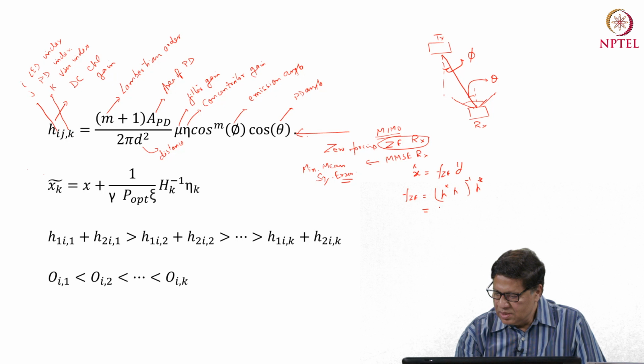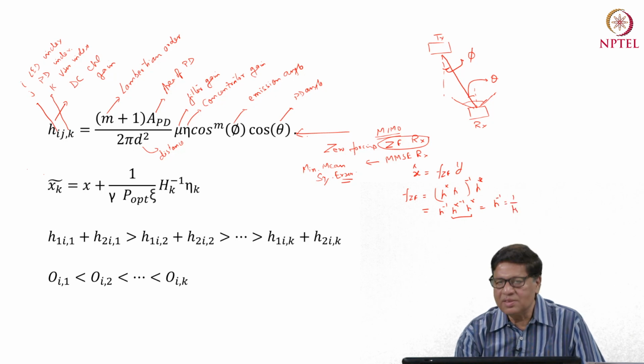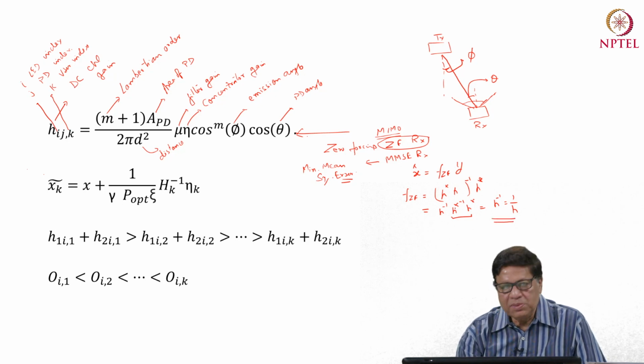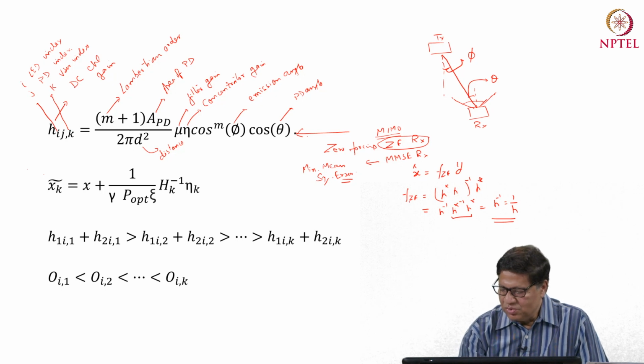So this becomes H inverse, H conjugate transpose minus 1 into H conjugate transpose, which then gives 1. So basically it gives you H inverse, or 1 by H. So this is the function which you have to use on y, so that you can get the estimated output. This is possible because we are using 2x2 MIMO, and the inverse exists because there are two LEDs and two photodiodes. So F_ZF is defined as 1 by H.